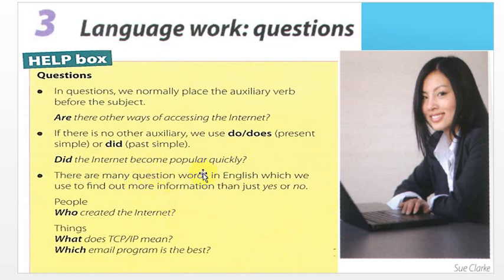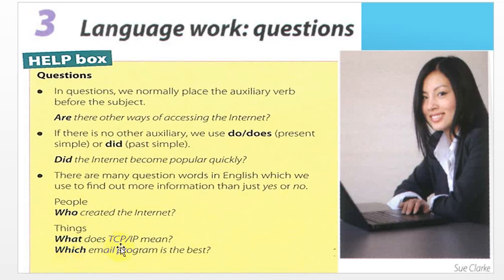There are many question words in English which we use to find out more information than just yes or no. For example, people: who created the internet? It talks about people. Who? Ask about people.